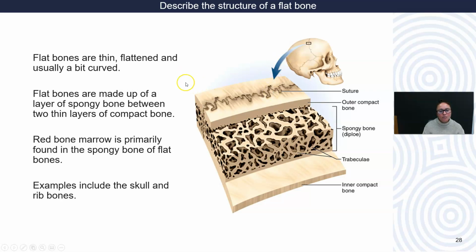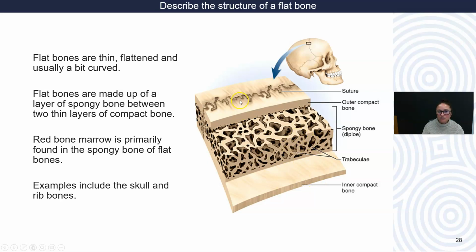Okay, now the types of bones that you need to be aware of in this subject are flat bones and long bones. That's it. So if you look at the skull, it is a flat bone, okay? And can you see here we have compact bone and spongy bone in the middle, okay?